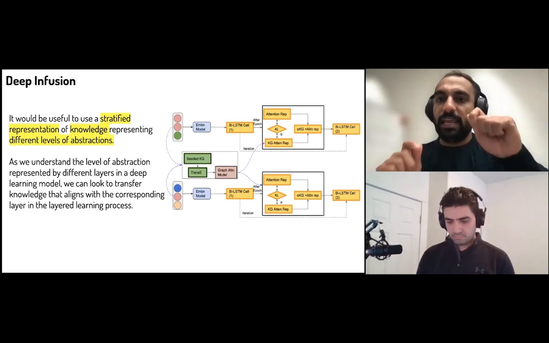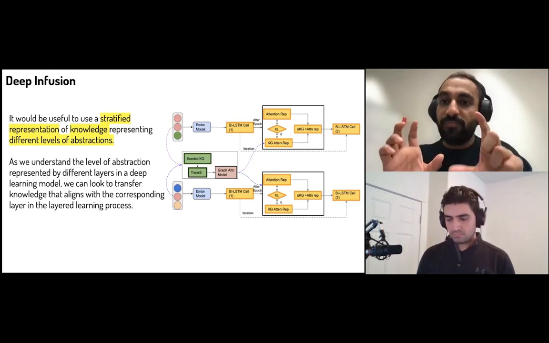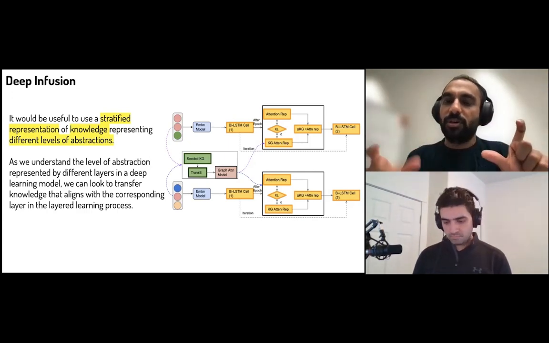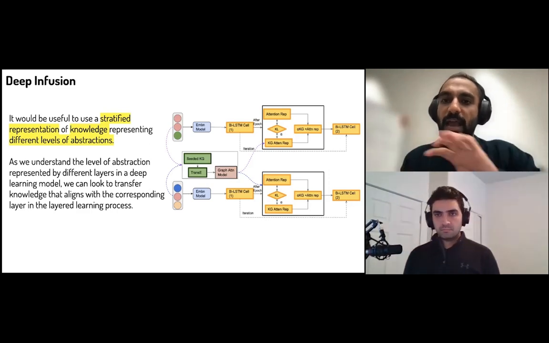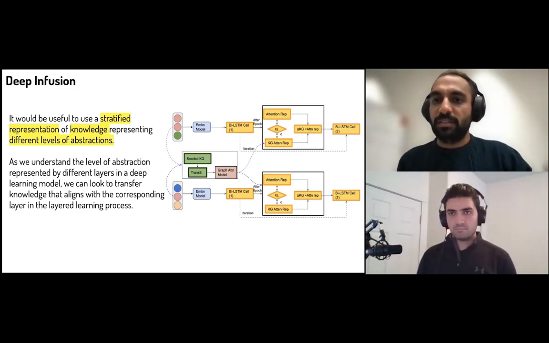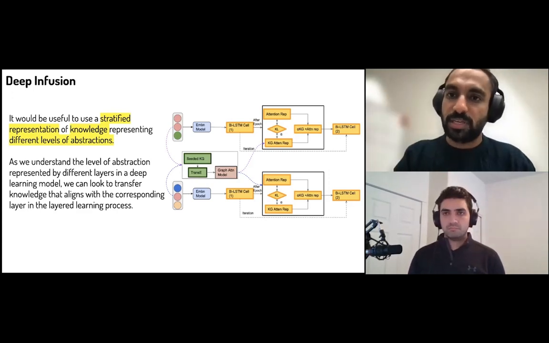That means if the hidden representation H dash significantly differs from the true representation in the knowledge graph, then I will simply remove the attention representation and keep only the KG representation.